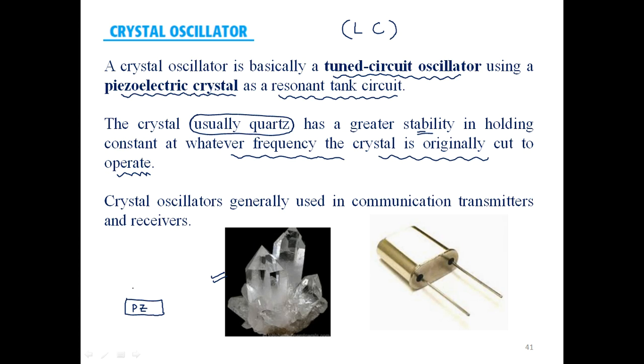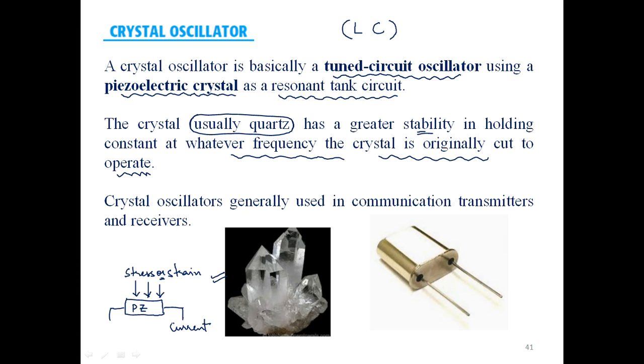These crystals are so strange that if I apply a mechanical stress or strain, okay, in the sense it is nothing but mechanical force itself. So whenever any mechanical force is induced on a piezoelectric crystal, this crystal gives out current or electricity.